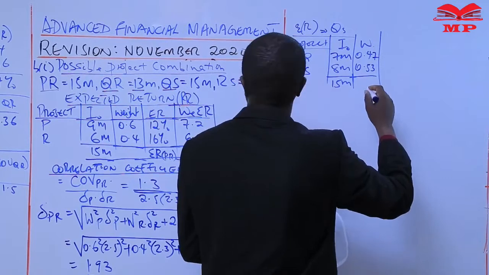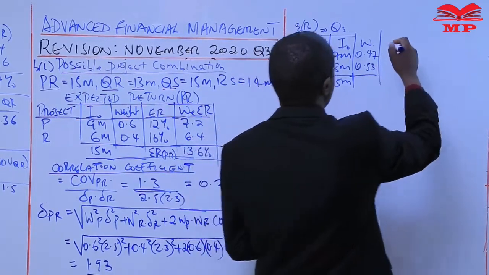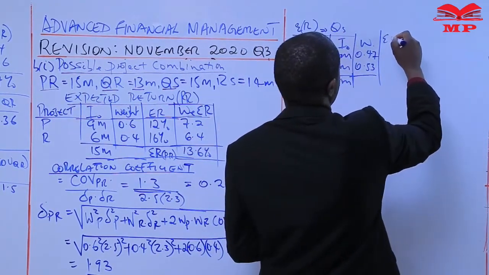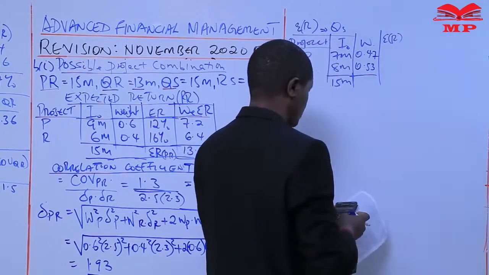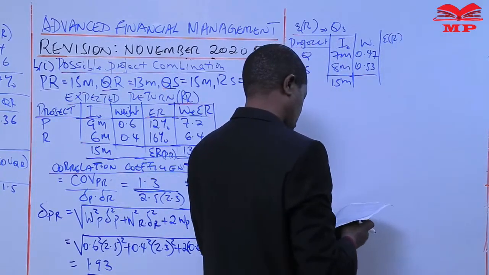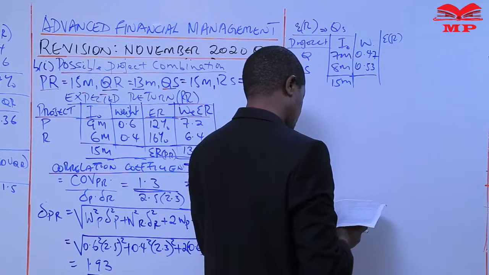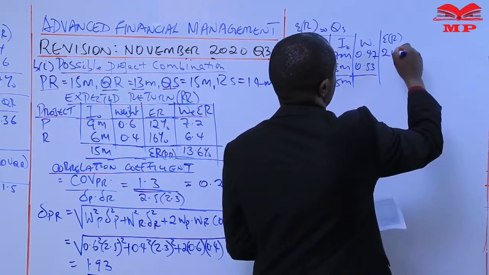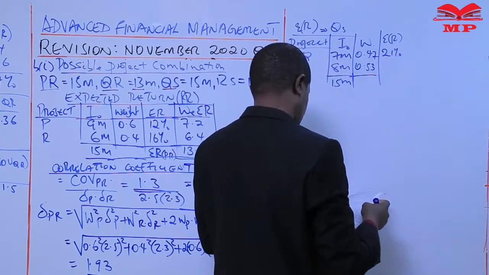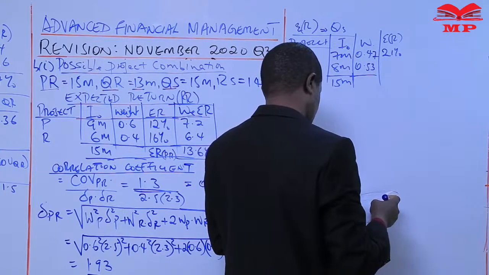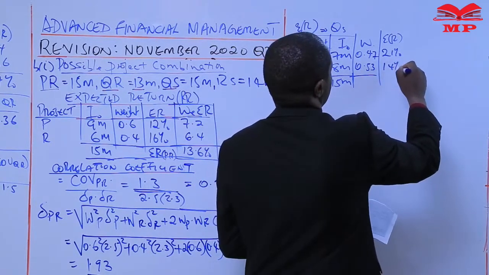Those are the weights. Then we have the expected returns given in the question. Expected return, project Q, 21%. Project S, expected return, 14%.